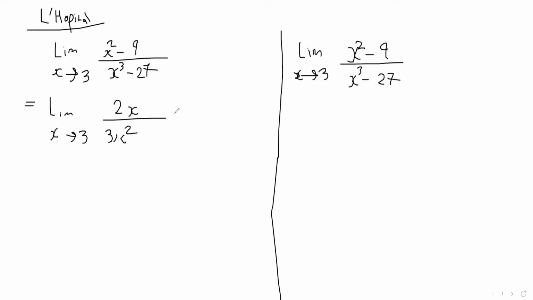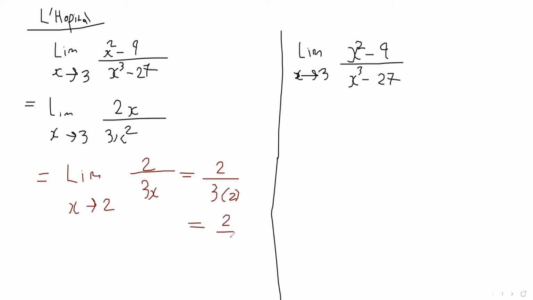One thing we realize is we can cancel out the x from the denominator, so it's 2 over 3x. Then you plug in x, you get 2 over 3 times 2, which is 2 over 6, and 2 over 6 is 1 over 3.